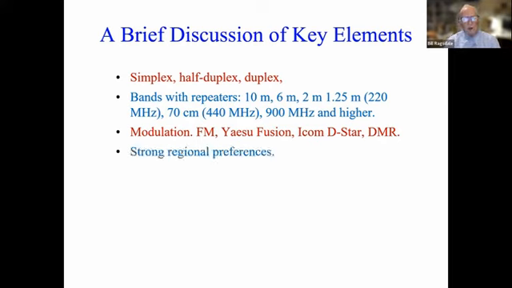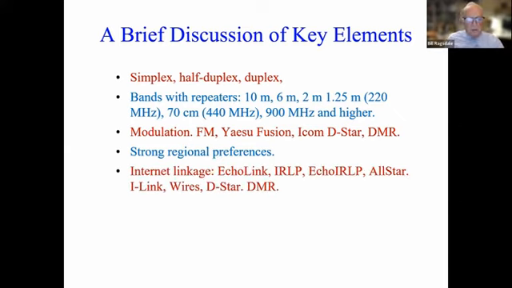There are strong regional preferences. I find that DMR is used very heavily in the Denver area. I have a relative up there, and they use 440 and DMR. In our Sacramento area, we're precluded from using 440 megahertz because we're a secondary allocation to a military base. So we're primarily on 2 meters and primarily on FM. I believe there is one Yaesu Fusion station in the area.